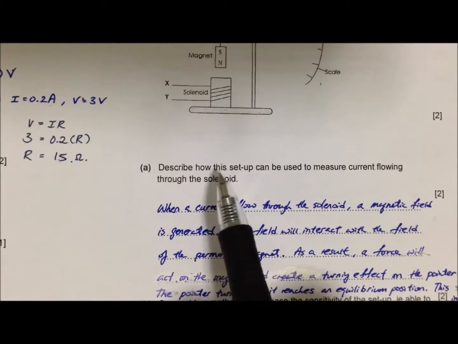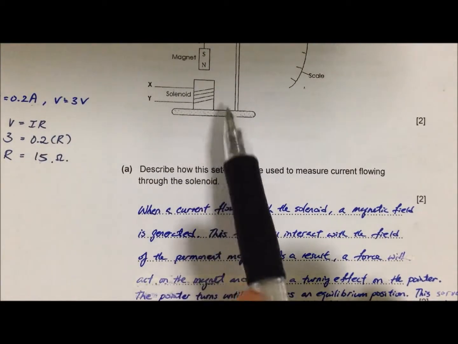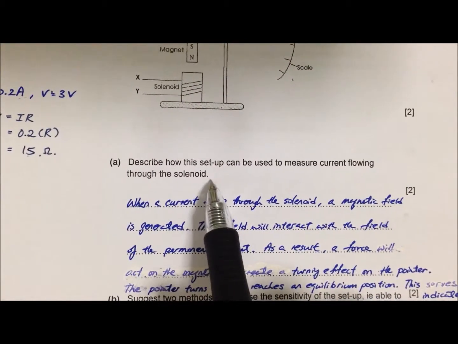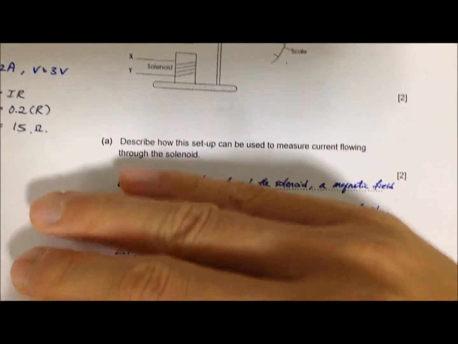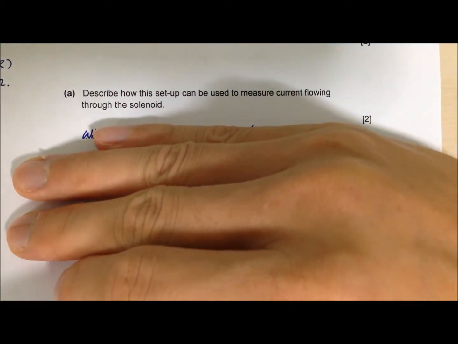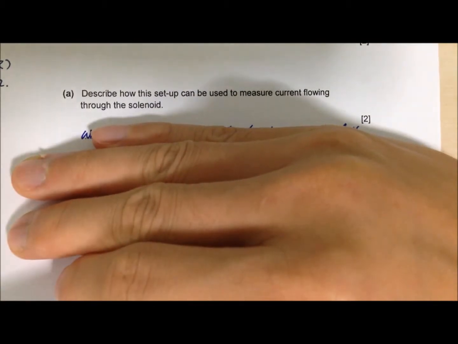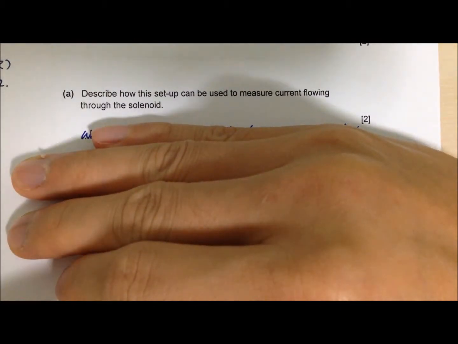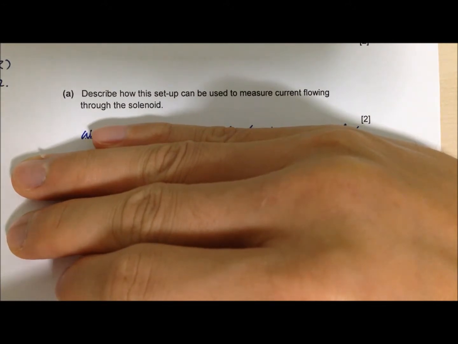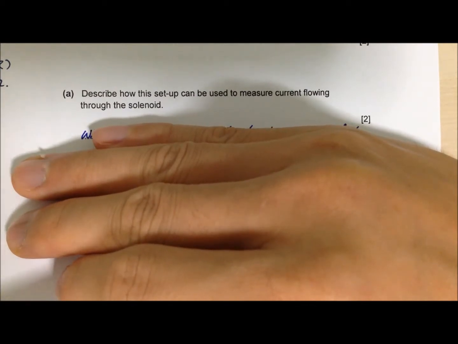Okay, now in part A they are asking you to describe. So what I have said earlier on is basically what you need to write down in part A. Before looking at my answer, you should try to write it on your own, because I have already told you about the mechanism, right? So pause the video, go and write it by yourself, or check through your answer to see if you have missed out any point regarding what I have just explained to you.